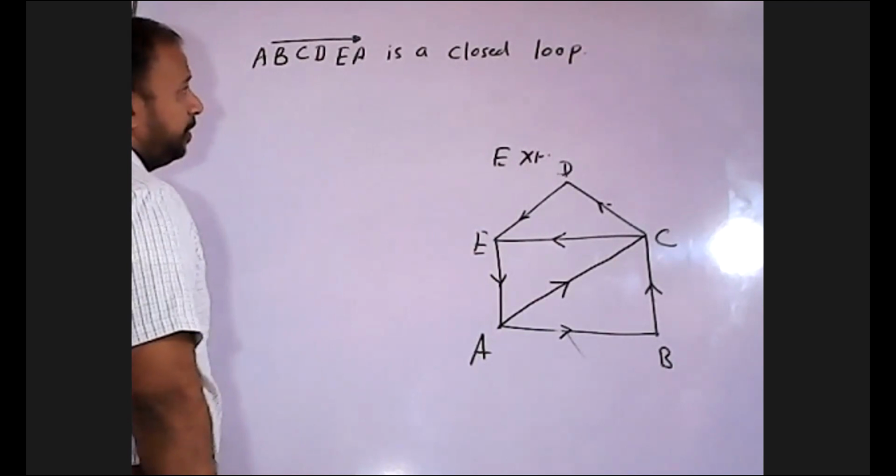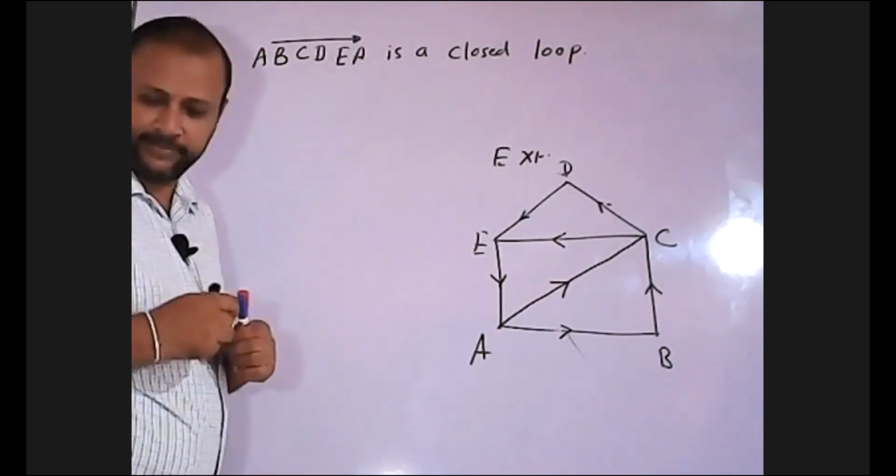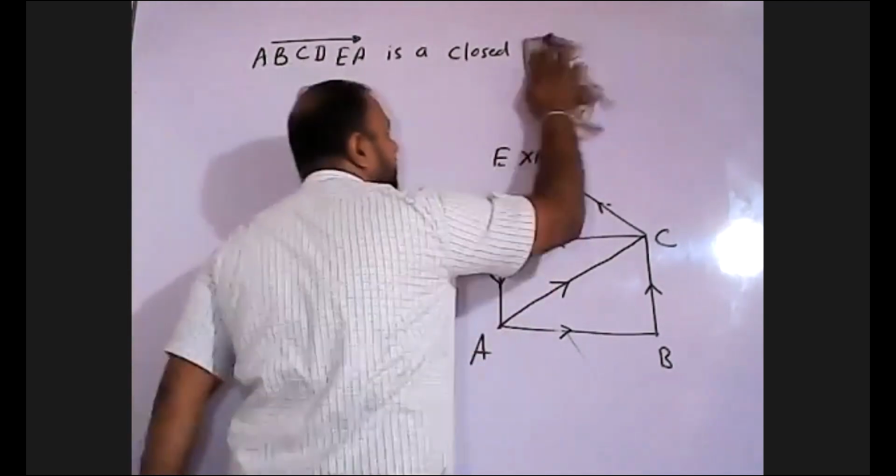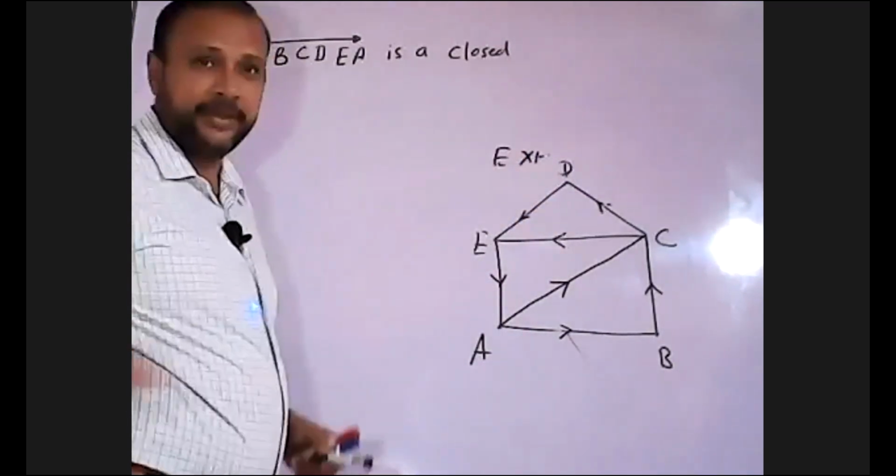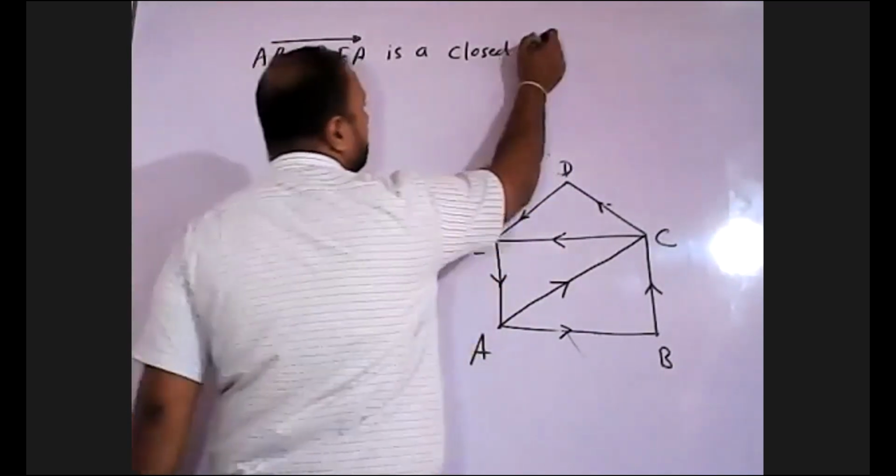Now ABCD, ABCDE is a closed loop or closed polygon. I think that word is very good, polygon. Otherwise, there will be confusion. Closed polygon.